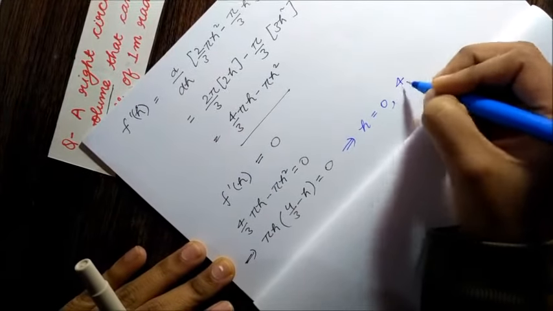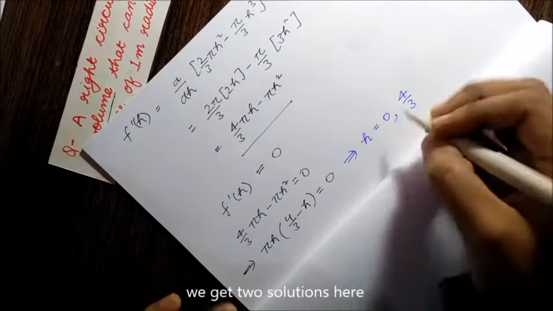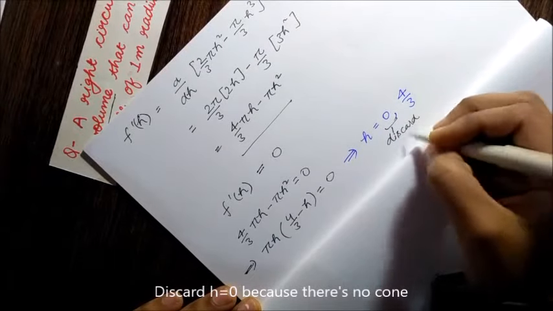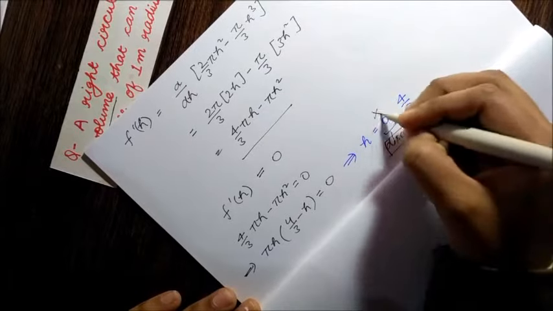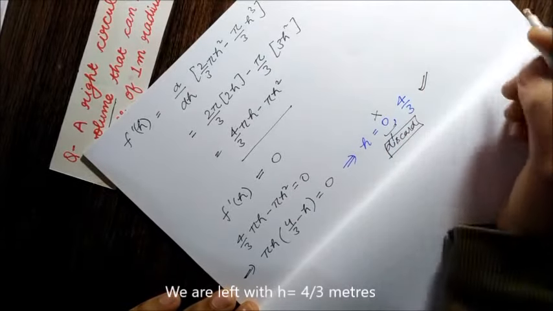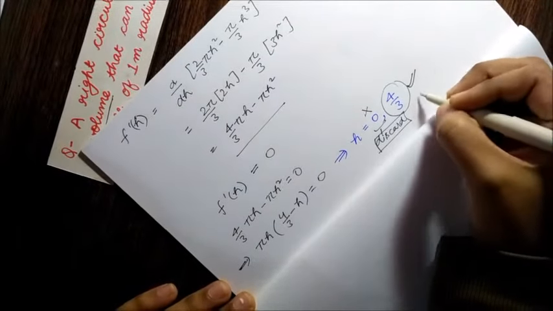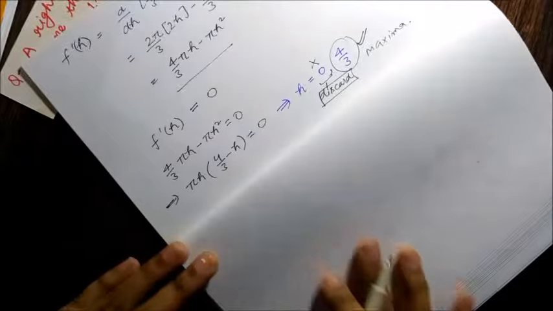So h will be either 0 or 4 by 3. So we get two solutions here. We'll discard h equal to 0 because there is no height, so no cone. So we are left with 4 by 3 meters. So we will check and verify whether this is maxima or not.